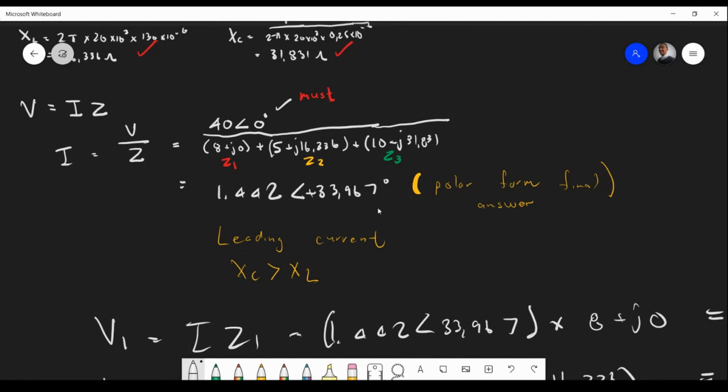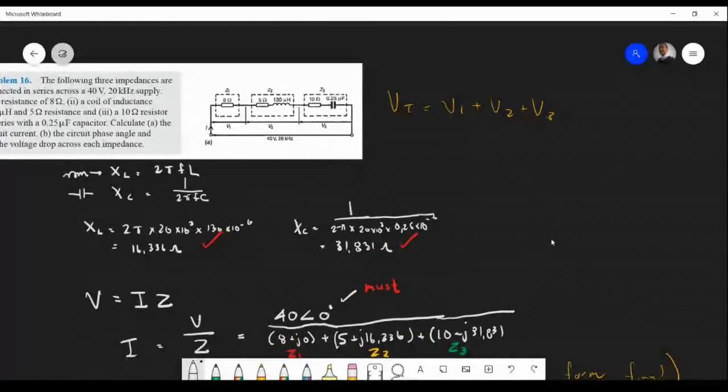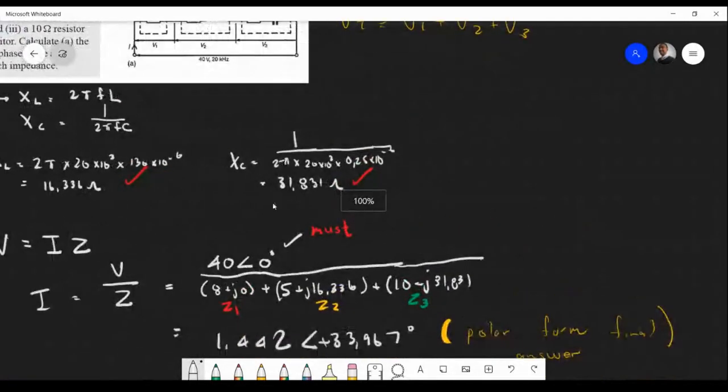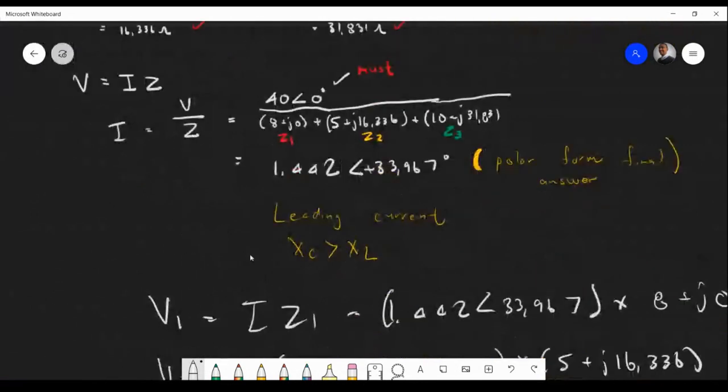So if you have a positive phase angle over here, it tells you that the circuit itself is capacitive in nature. It means you have a higher capacitive reactance when you compare it to your inductive reactance. And that's basically what I meant over there. And this will result in a leading current.